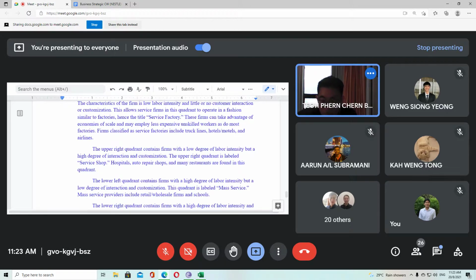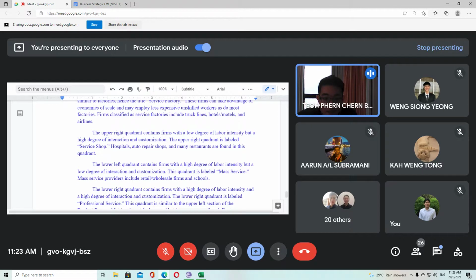Moving on, the 3rd paragraph, we can see high labor intensity. This one is less already. When we talk about high labor intensity, we talk about the employee serving fewer customers. Now we talk about wholesale firms.